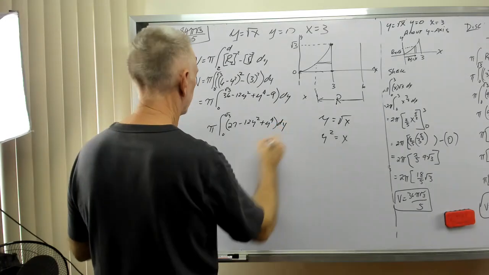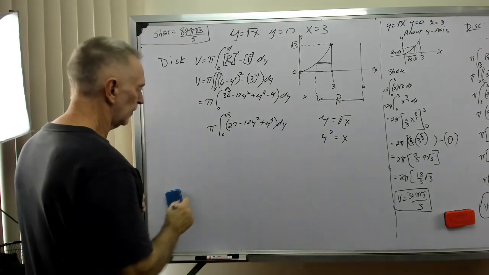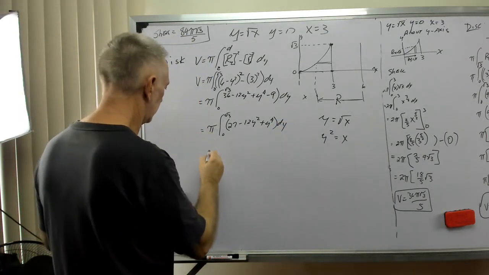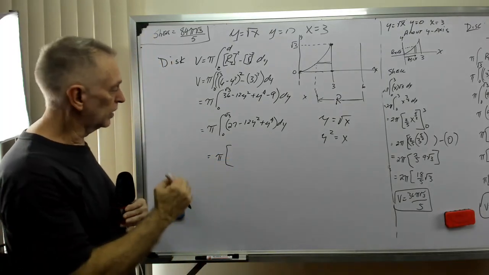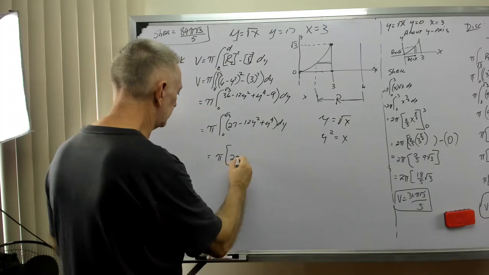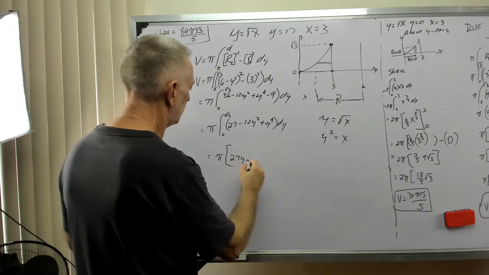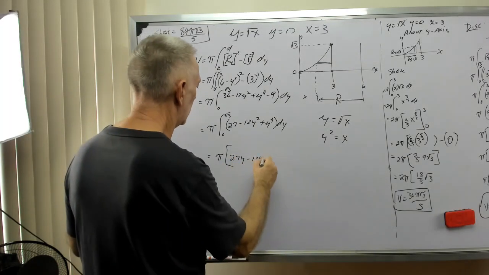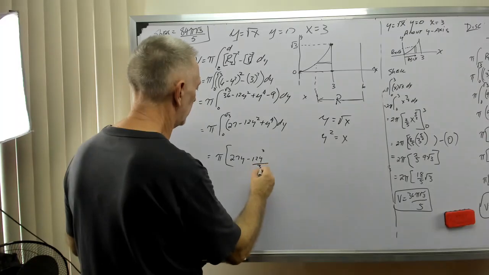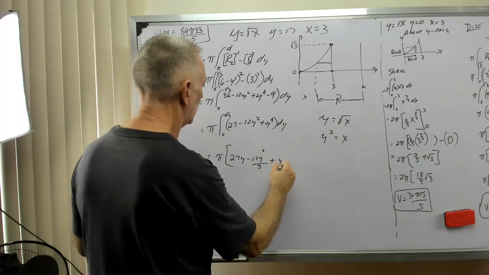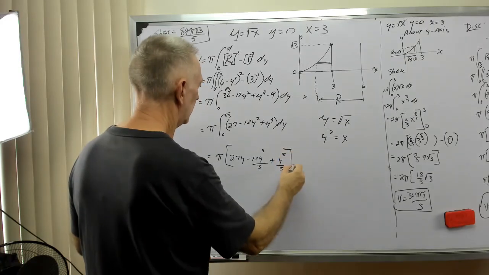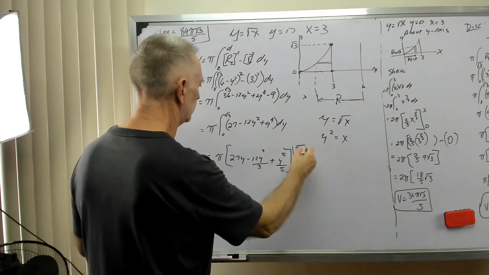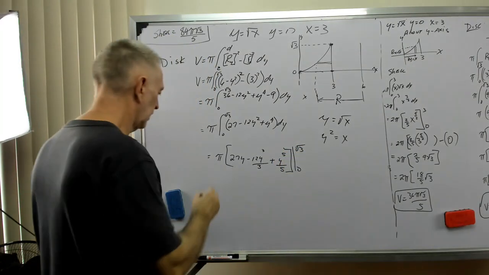All right, let's integrate. All right, we can do it. All right, we're getting close. 27y minus 12y cubed over 3 plus y to the fifth over 5. And that's integrated from 0 to square root of 3.